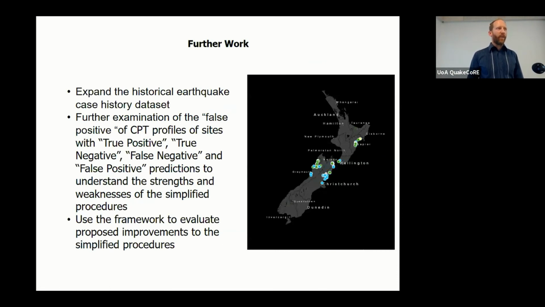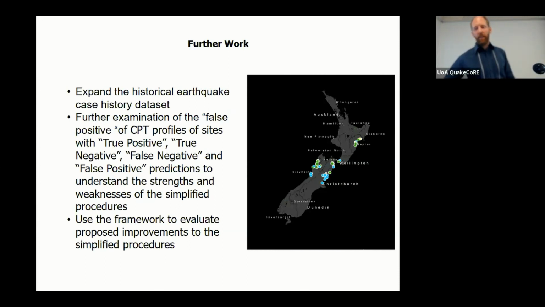Equally, an effort needs to go in on where liquefaction hasn't been observed for a particular earthquake, because too often we only document where liquefaction occurred, where there were stop bank failures, where there were building failures. It is a lot harder to go back into the records and positively identify areas that weren't affected by liquefaction. However, there's considerable effort going into that, because those areas need to be documented and evaluated, as they are equally helpful to evaluate where there are false positive predictions.